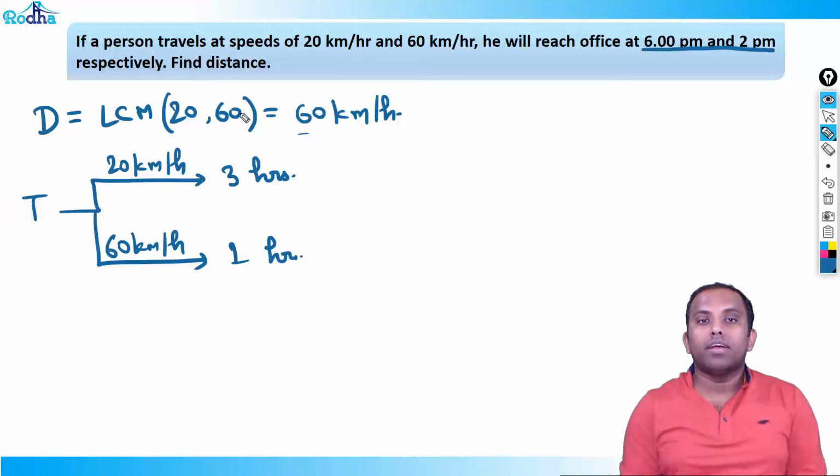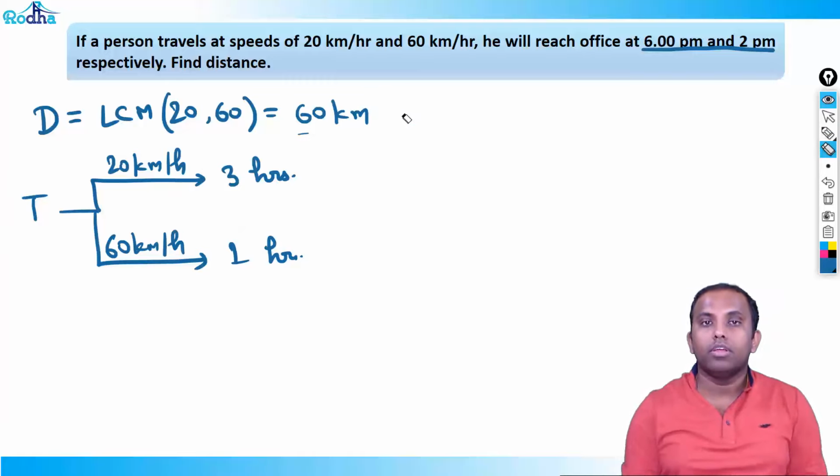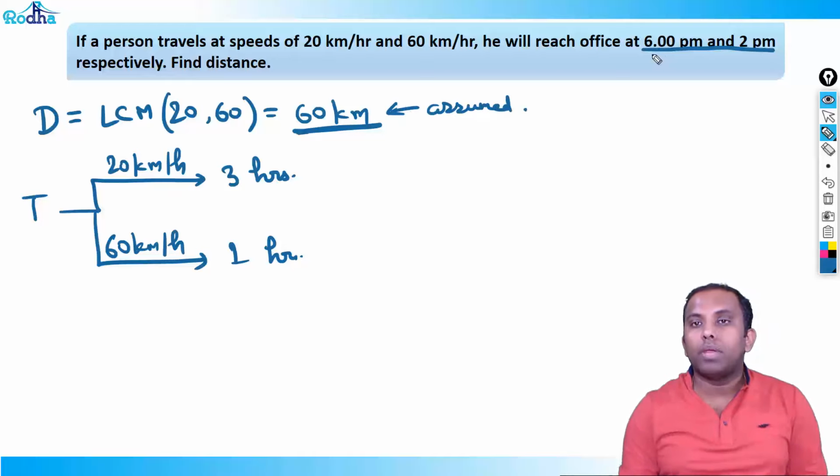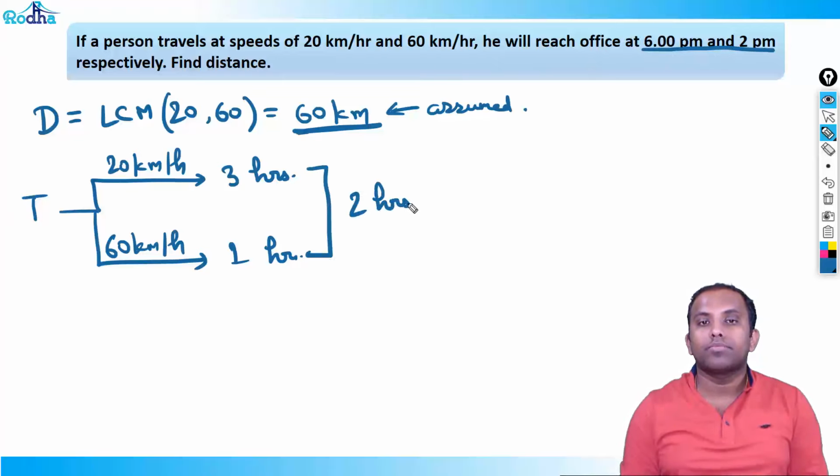So if the assumed distance is 60 kilometer, what do we need to compare here? We have 6 p.m. and 2 p.m. That means I can compare the time difference. So the time difference here is 2 hours.